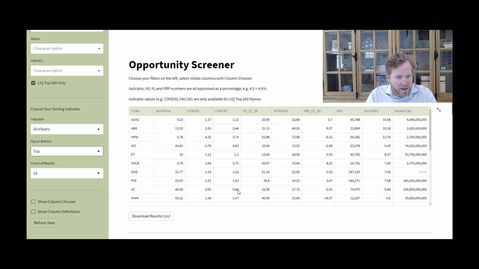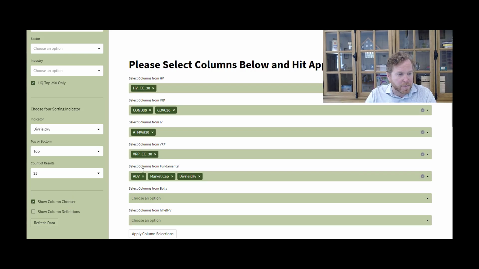These all look in the 1.63. Again, this is the percent of the stock price. So the 30-day, 30 delta covered call in Pfizer is worth 1.3, or 63% of the stock price. You can look at where the historical vol has been trading. Interesting contextualizing factor. But depending on your strategy, you might want to pull up this column chooser.